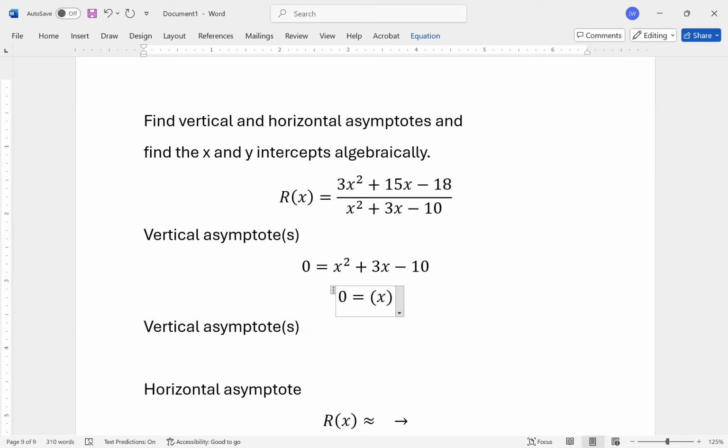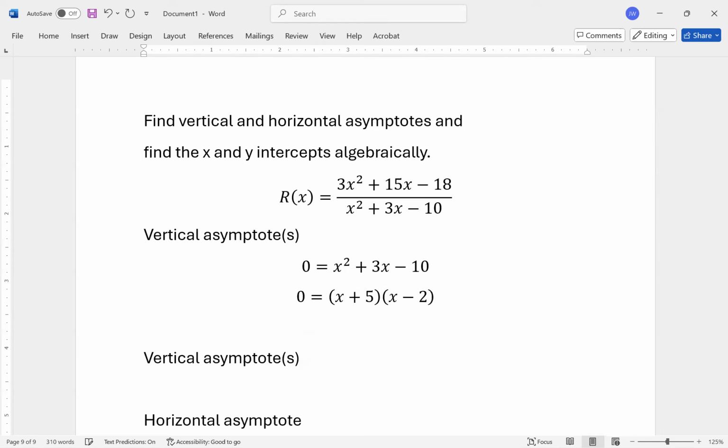Factors of -10 that add up to a +3 are +5 and -2. They multiply to give me -10 and add up to give me a +3. That means I have two solutions here. One is x equals -5. The other is x equals +2.